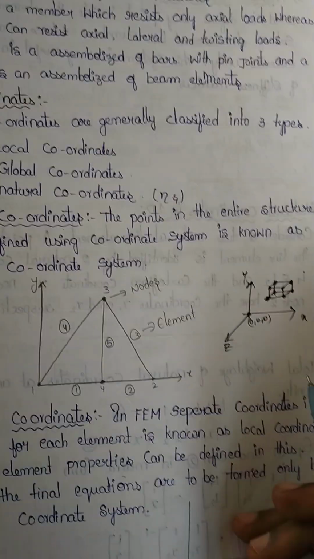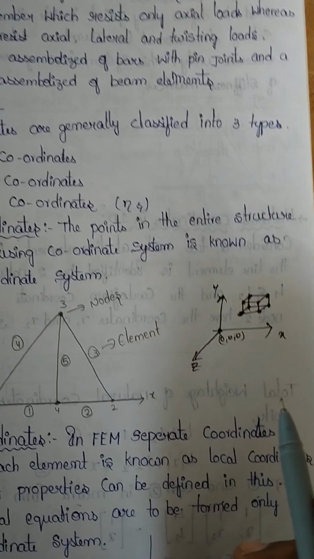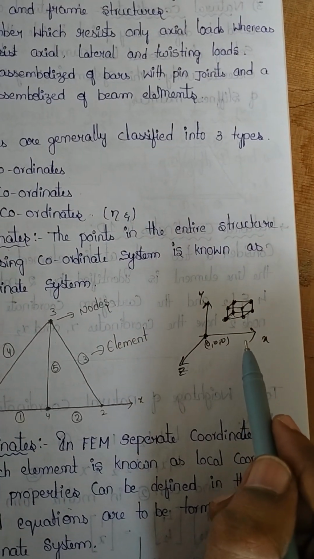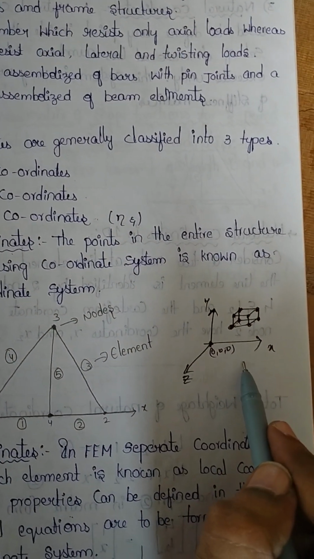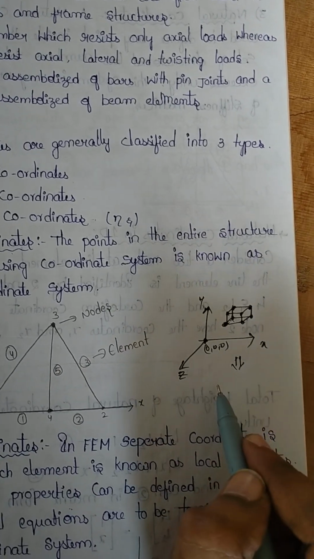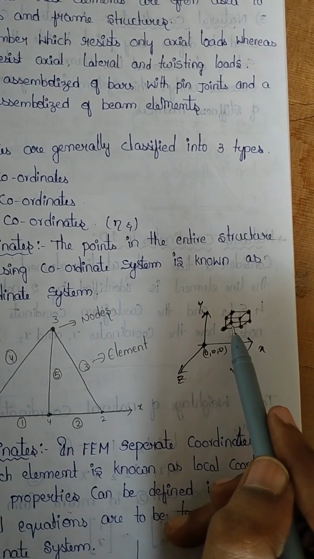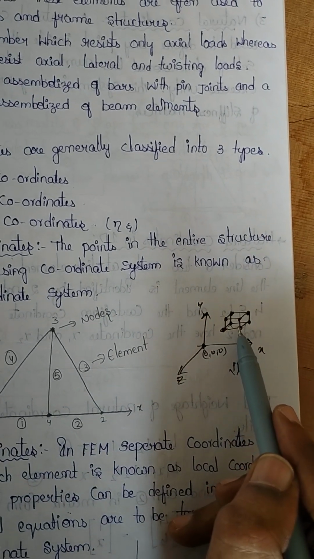Directly solving the three-dimensional element will be difficult. So we will discretize that particular element into two-dimensional bodies. Two-dimensional planes mean all the faces will be divided.